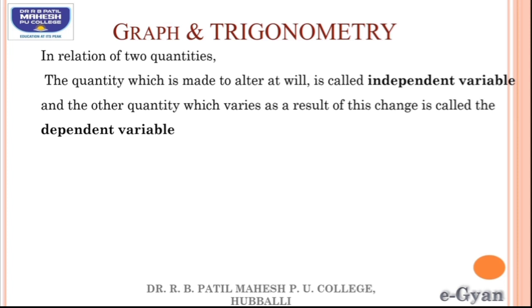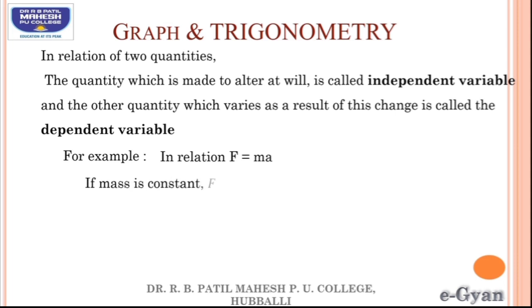And there is another quantity which depends upon the value of the independent quantity. Hence, that quantity is called the dependent variable. Let me take an example. In the relation F equal to m into a, where F is force, m is mass of the body and a is acceleration. For a given body, the mass is constant, hence F is directly proportional to a.